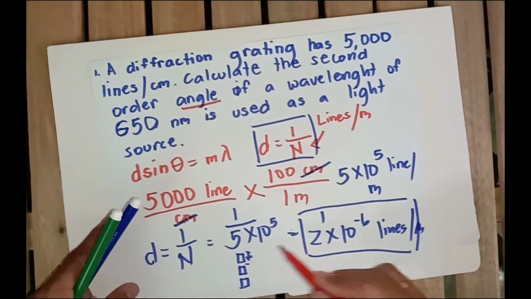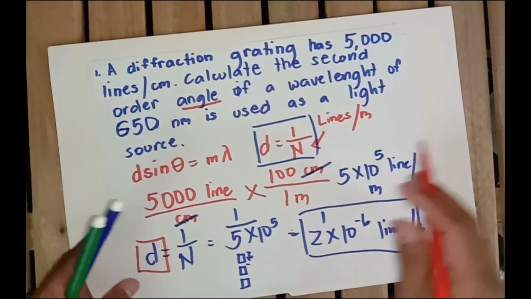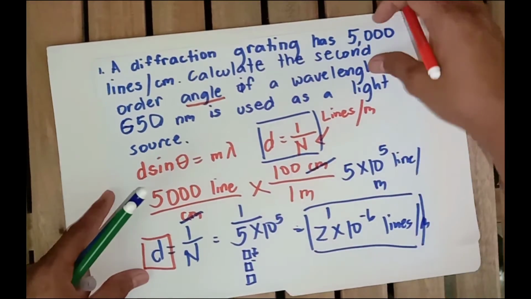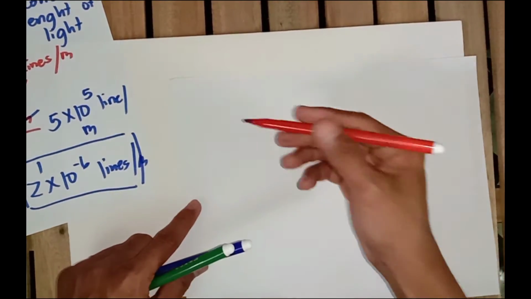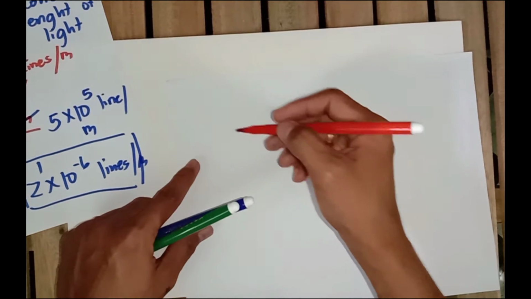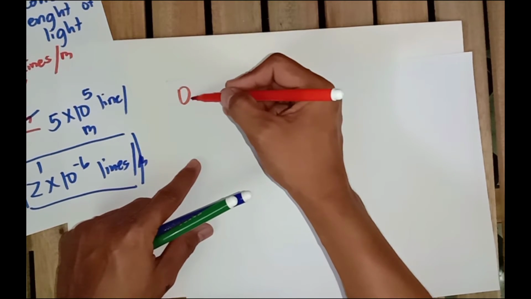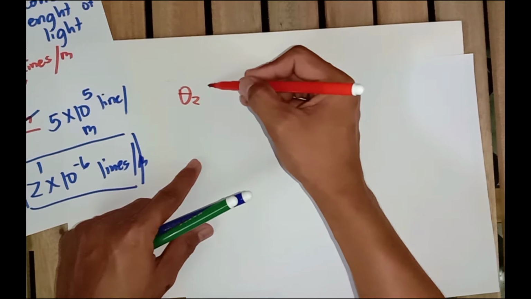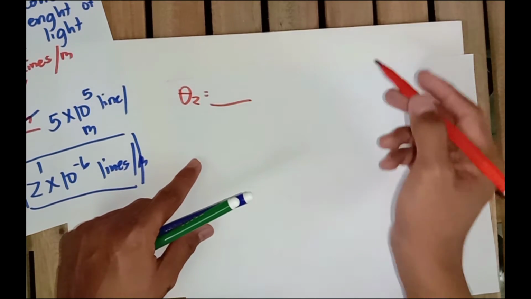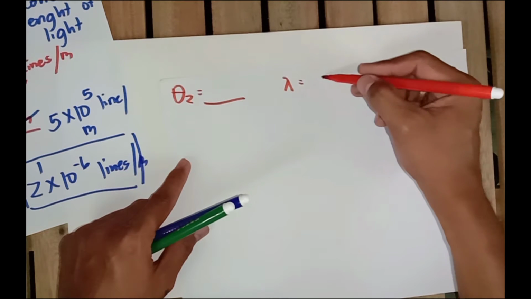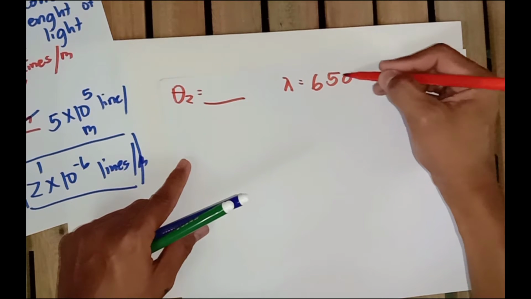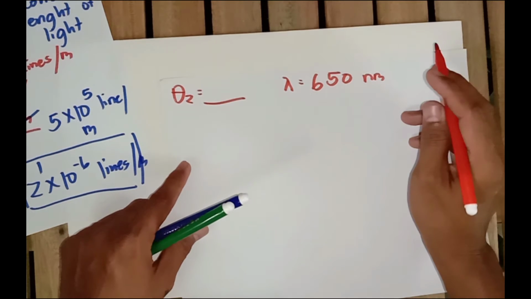We have the d here, and we will only input the value. First we need to find theta 2, and our wavelength is 650 nanometers.